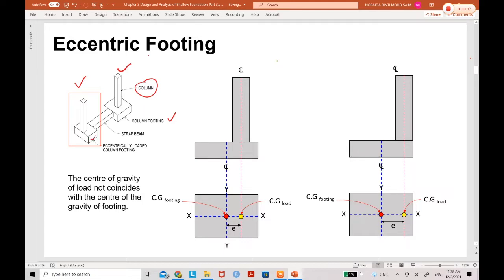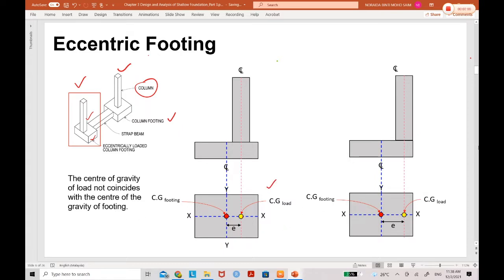You can see that the column is not located right in the middle of the column footing and is at the boundary or at the end of the wall, and it's normally due to the adjacent wall next to the loading and footing. So what happens in eccentric footing is the center of gravity of the load does not coincide with the center of gravity of the footing.